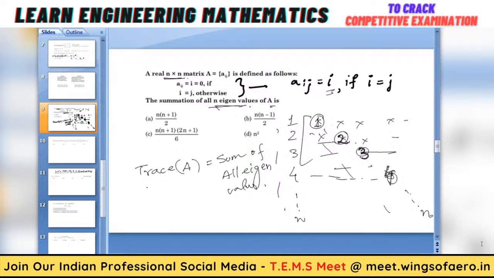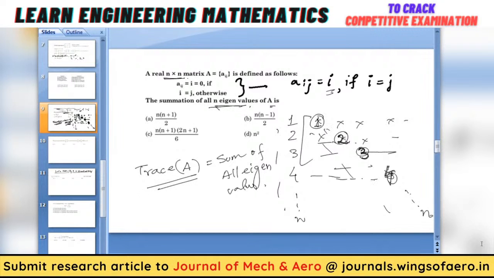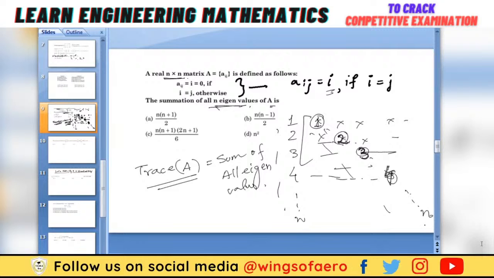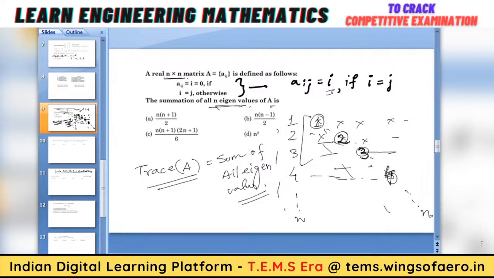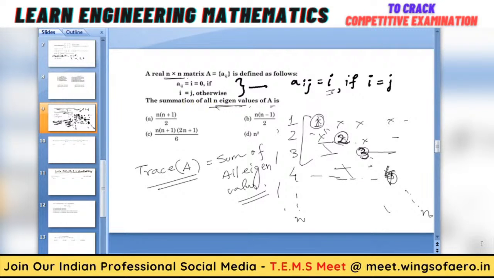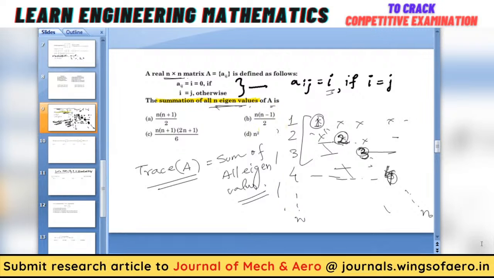And trace of A is equal to the sum of the diagonal elements, that is 1 plus 2 plus 3 plus 4 plus up to n, which is equal to the sum of all eigenvalues. So in this question, the requirement is, n eigenvalues are there, what is the summation of the n eigenvalues of A? This is the required question.